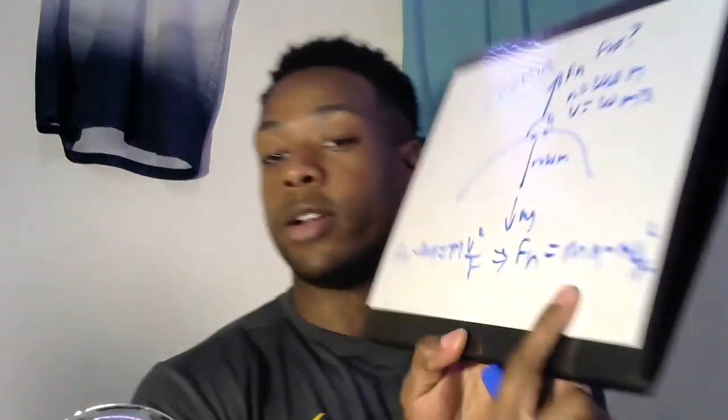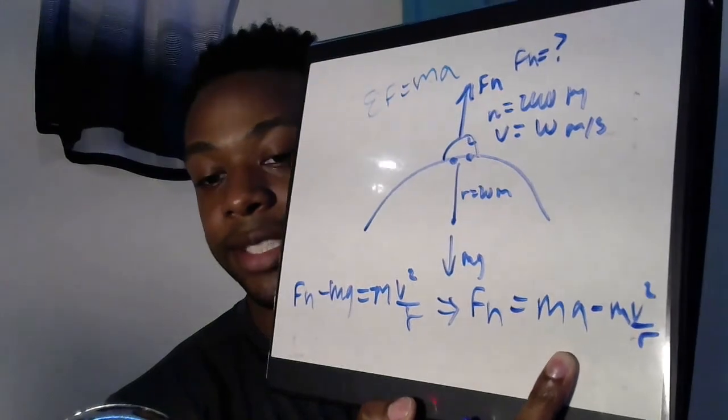So, plug in our values, or actually move things around a little bit. Let's make that normal force equals weight minus all of that. Same thing, just moved pieces around.